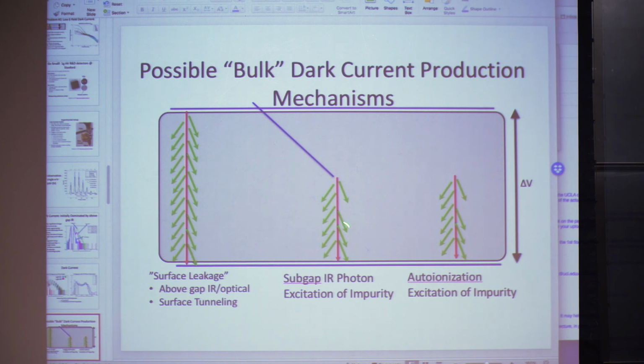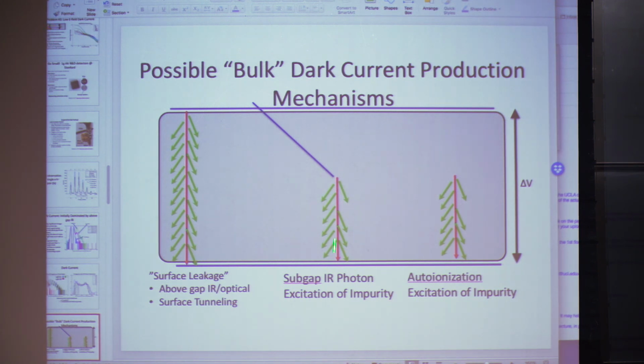So what are the two mechanisms for that we have thought of? Well, one is subgap IR, where I have an impurity state here that's neutralized in my crystal. I have 10 to the 10 after all, so I have lots of them. And now a subgap IR photon, let's say 10 Kelvin, 1 meV, comes in, interacts with my crystal, excites a single carrier, and then that goes across the rest of the way.